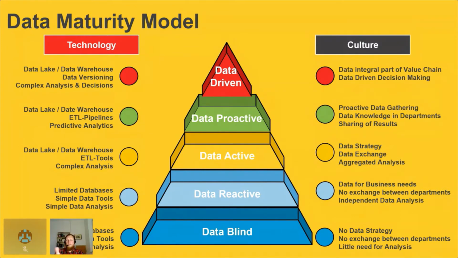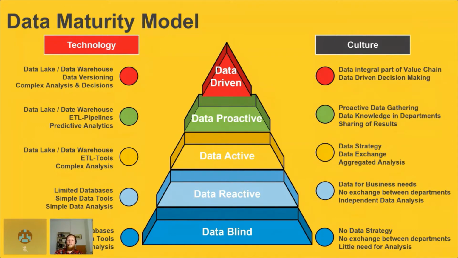So you have at least some kind of common storage medium, even if you don't have a common storage format. This is also the point where machine learning becomes much more prominent because you start utilizing, for example, predictive analytics over complex analysis. It gets more sophisticated and more complex.